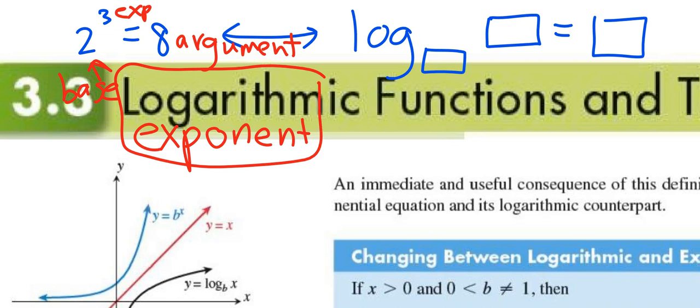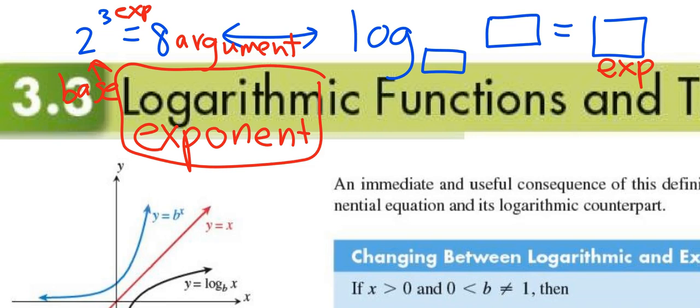You need to understand those two words mean the same thing. So when you go to the logarithmic form, guess where your exponent is? Right here. Logarithm means exponent.